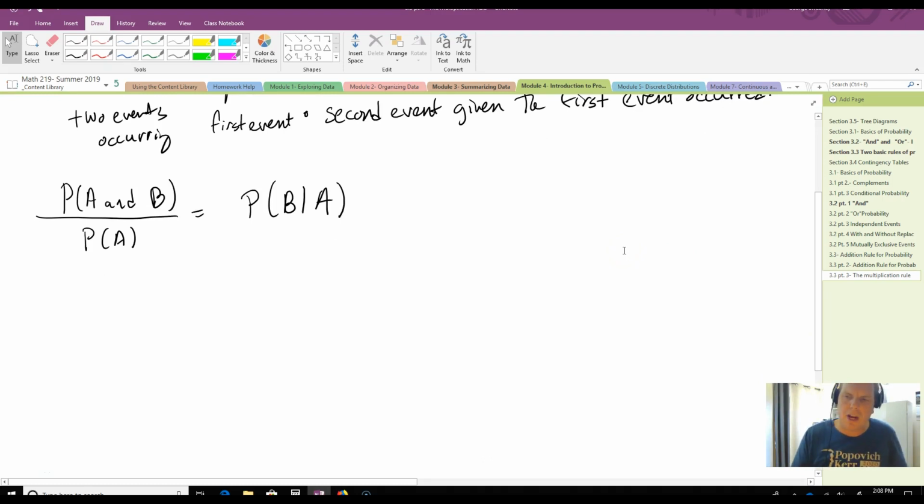So if you remember when we talk about conditional probabilities, the probability of B given A, this becomes our new sample space. And B has to be drawn from the new sample space.